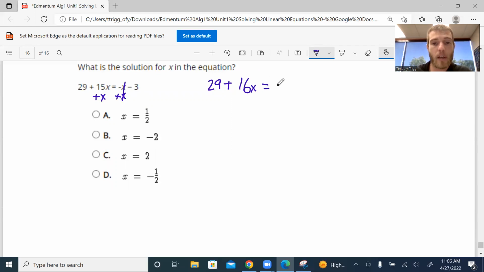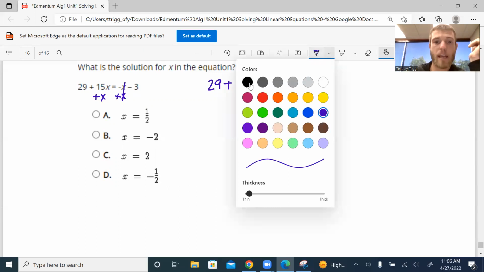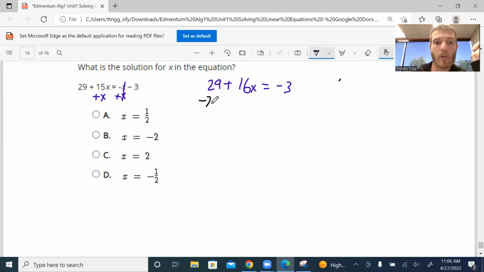We still have a negative 3 on the right. My next step would be to subtract 29 from both sides of the equation. Canceling this out, giving us 16x equals, and this would be negative 32. You can go ahead and solve it from there.